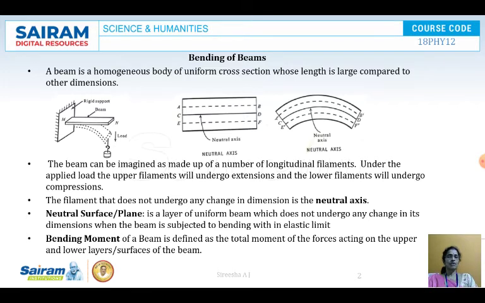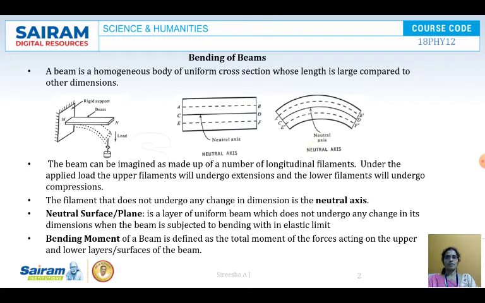The one which is neither expanded nor compressed is CD. That means CD is the surface which is not at all expanded or compressed. Therefore, it is called the neutral axis. So the filament that does not undergo any change in dimension is the neutral axis, and here CD is the neutral axis, as you can see from the diagram.